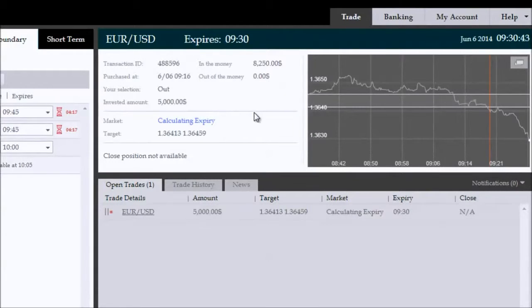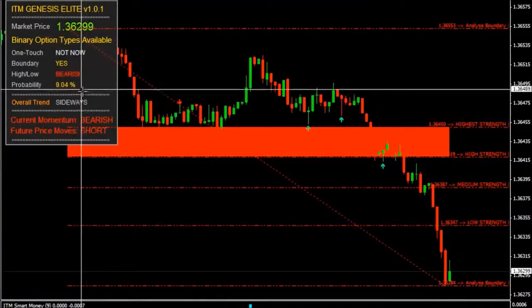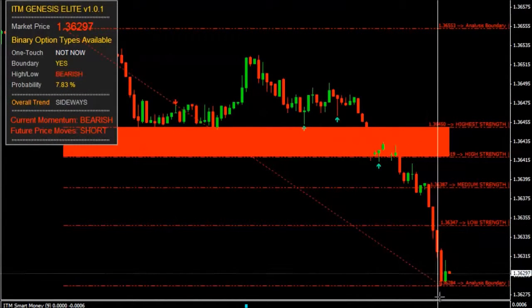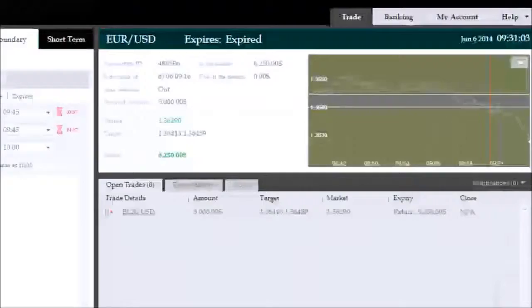Hence, we're looking at taking yet another outside boundary option here as soon as our funds are released. Funds are now released. We have a $3,250 net profit that's been booked. So what we're going to do now is just go back to the chart, quickly check that price is still there. We have a very low probability of price staying in this boundary. Directional accuracy is not the issue here.